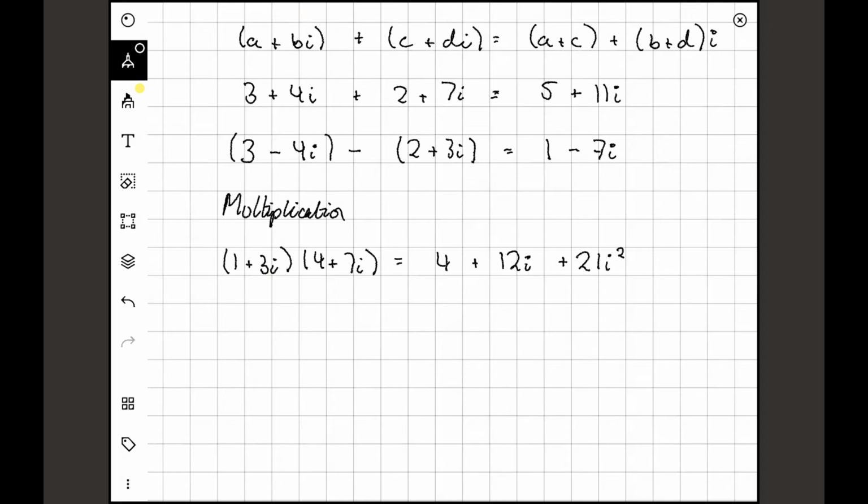And finally, we'll get 1 times 7i, which is 7i. And then we can write this as 4 plus 19i minus 21, because i squared is minus 1. So, putting this all together, we get that minus 17 plus 19i is the answer.